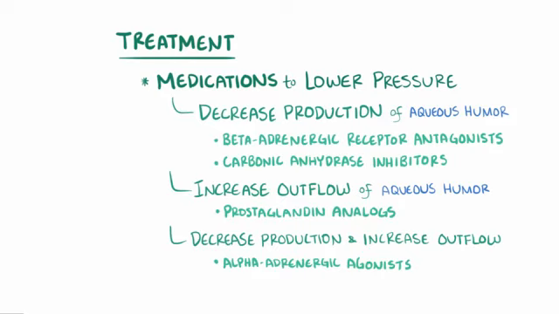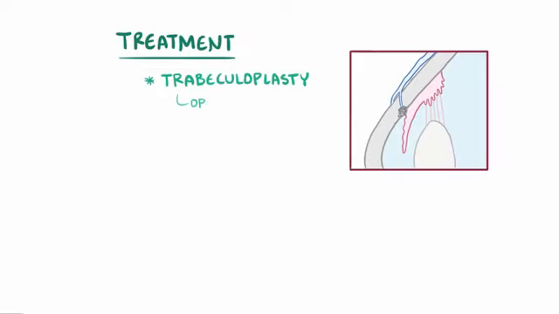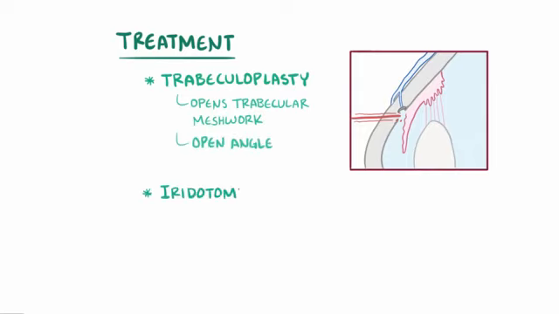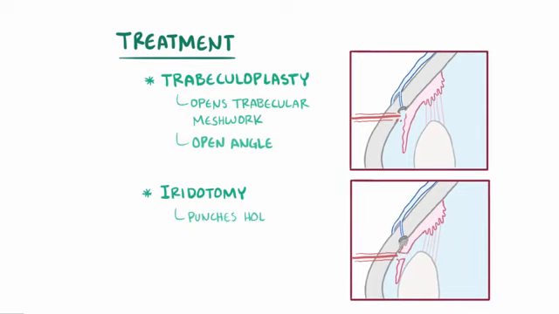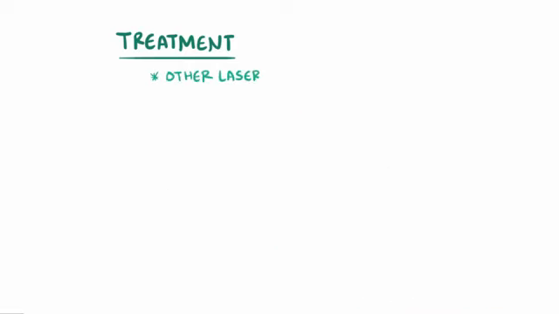In addition to medications, there are also laser treatments available. For example, trabeculoplasty is a treatment where a laser is used to open the trabecular meshwork, and this helps treat open-angle glaucoma. And there's also iridotomy, which uses a laser to punch a tiny hole in the iris, which helps to treat closed-angle glaucoma. And there are also other laser treatments.